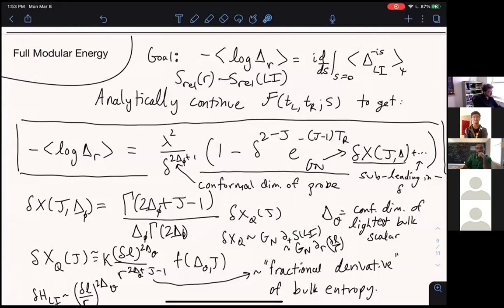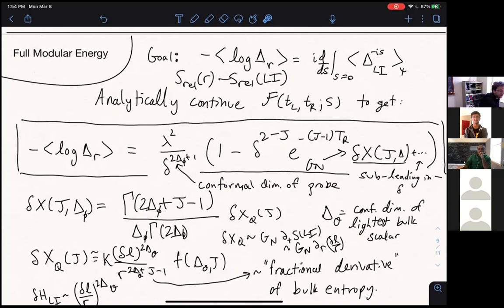I think other people would have seen it if they had analyzed the correlation function in a similar way. But that seems to be a key phenomenon here. There's this time scale at which this quantity here, this log delta, transitions from being positive to negative, and it depends far more on features of what you're actually throwing in, for example how much you smear it in time and what its dimension is.